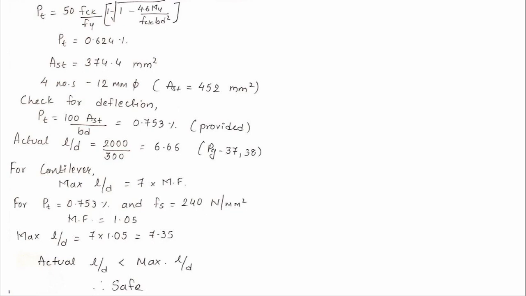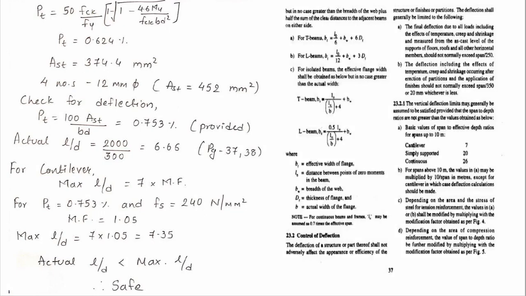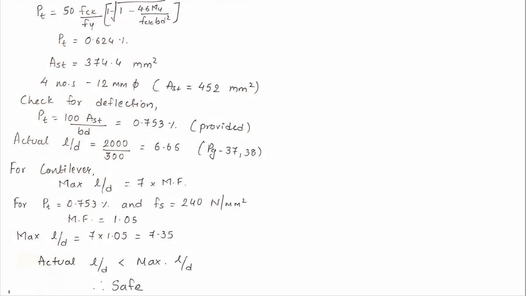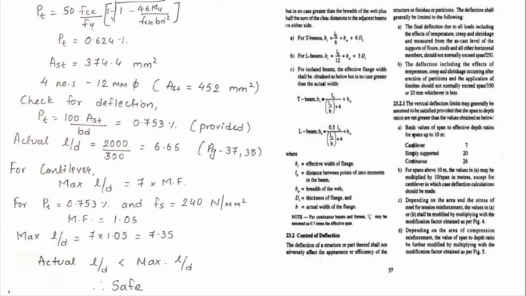For the check for deflection, I request everyone to pause this video and move to page number 37 of your code. On page number 37, there is clause 23.2.1, which states that the vertical deflection limit may generally be assumed to be satisfied provided that the span to depth ratio, that is L by D, is within limits.